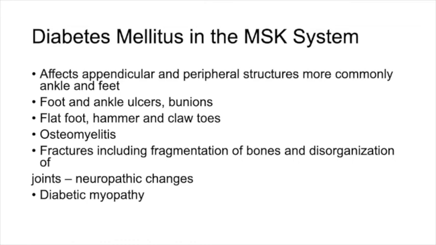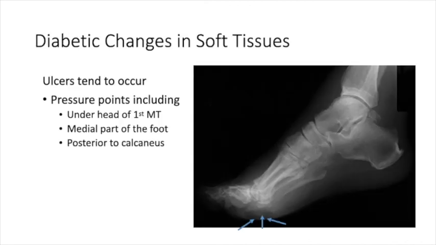Foot and ankle ulcers can be produced as well. We can see flat foot, hammer and claw toes, osteomyelitis, and fractures including fragmentation of bones and disorganization of joints. Also neuropathy changes, okay? And it could produce diabetic myopathy. These are some examples of what diabetes can produce in our extremities.